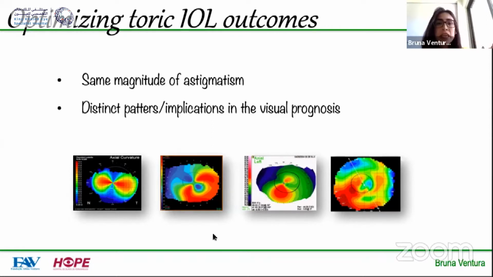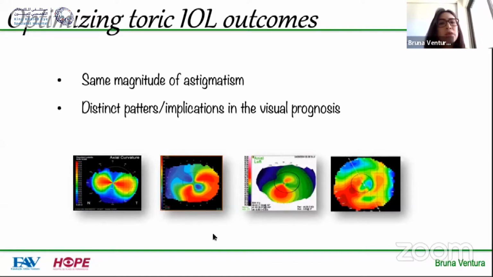The same amount of corneal astigmatism could be related to this patient that has keratoconus and to another patient that has no corneal alteration. So it's very different when you detect preoperatively that the patient has a corneal disease or a corneal alteration.